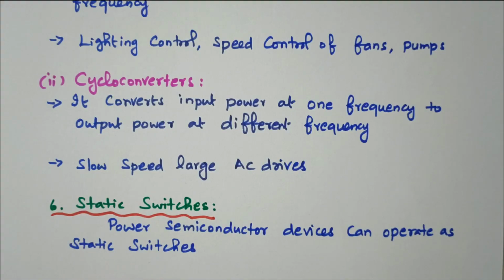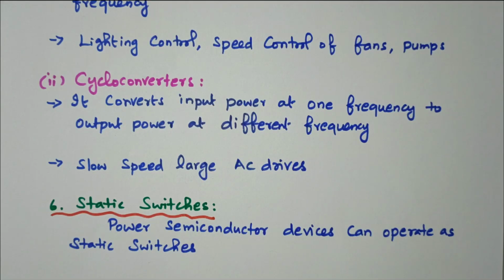So in this video we discussed power electronics converters, various types of power electronic converters. First one, rectifier, AC to DC. Inverter means DC to AC. Then DC to DC means chopper. AC to AC means two types. If you vary the magnitude, it's called an AC voltage regulator.